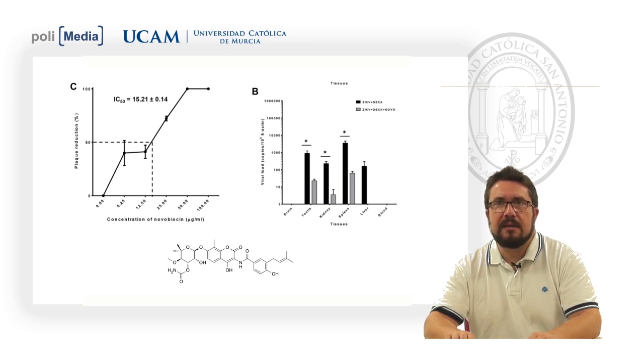In black, there is the typical viral load with no compound at all during the infection. And then we apply the compound, and the gray bars represent the reduction of the viral load thanks to novobiocin. In some cases there is a 2 or 3 orders of magnitude reduction with the compound. So the compound was very efficient in vivo.